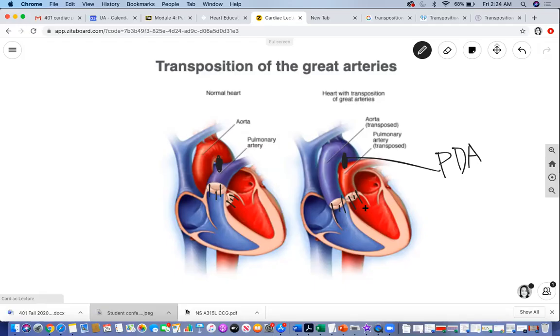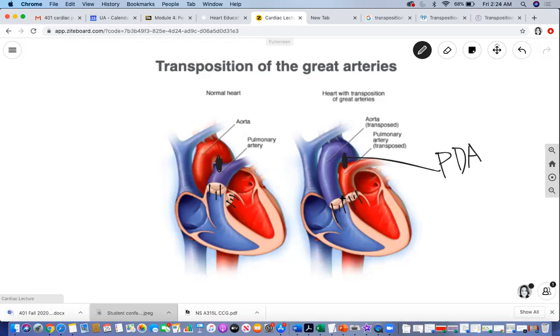So instead of this being red versus blue, when this PDA is here, it's all purple. That's why when you give the baby 100% oxygen and their saturations stay relatively the same, it's because there is no way for the blood to become more oxygenated. It's all mixed at the level of the PDA.